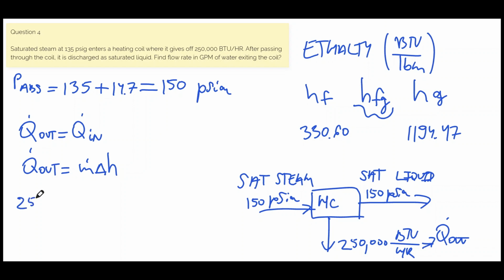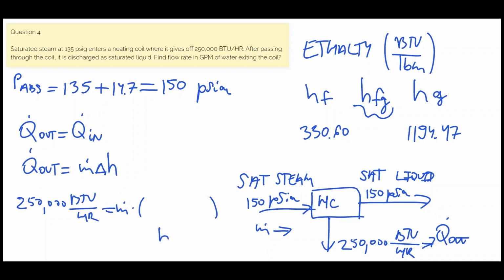So 250,000 BTU per hour equals the mass flow of our steam into liquid coming in, multiplied by the difference in our enthalpy.